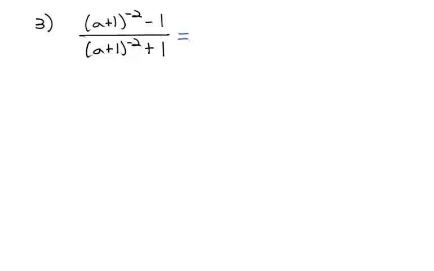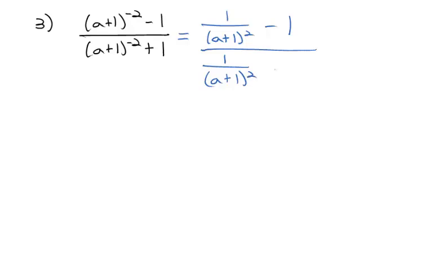We also cannot do any reducing. We need to first make little fractions. Using 1 as a placeholder, the a plus 1 to the negative 2 moves to the bottom: 1 over a plus 1 squared minus 1, all over 1 over a plus 1 squared plus 1.